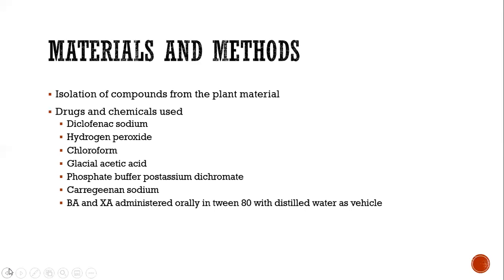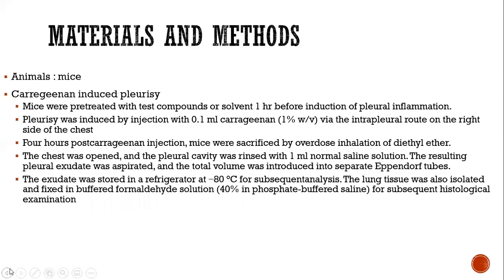The compounds will be administered orally to the mice with Tween 80 in distilled water acting as a vehicle. For the carrageenan-induced pleurisy, the test mice will be treated with the test compounds, and the control mice will be treated with only the vehicle 1 hour before the induction of pleural inflammation.